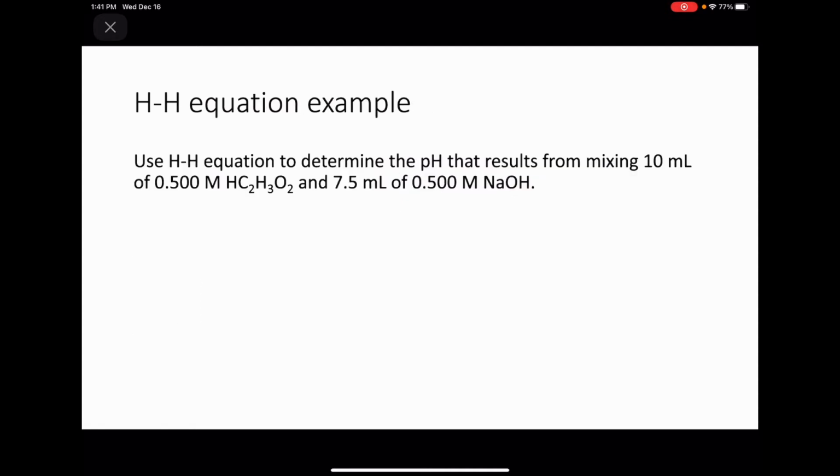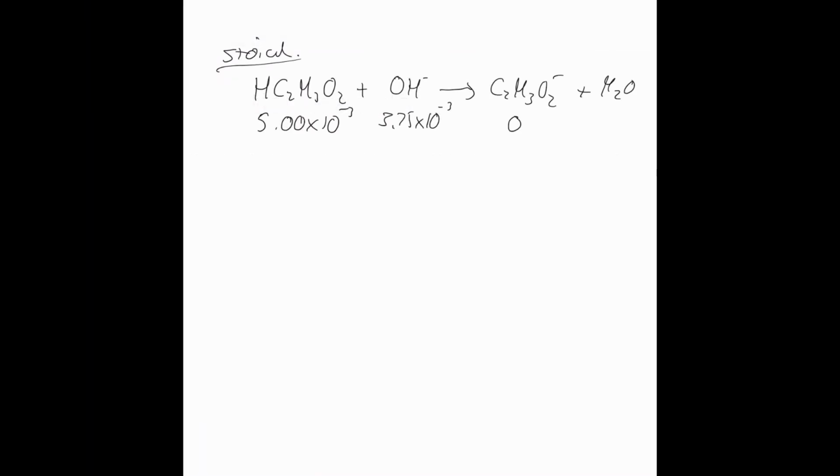So let's do this math. Let's use Henderson-Hasselbalch to determine the pH when we're mixing 10 milliliters, sticking with the theme from the last video, of 0.5 molar acetic acid and 7.5 milliliters of 0.5 molar sodium hydroxide. Here we have the problem set up, where we have acetic acid plus OH minus going to acetate.